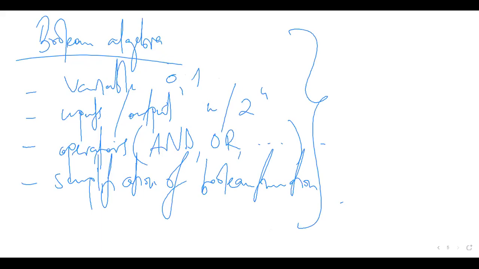Right. We move on to some of the rules which are used in Boolean algebra. We have rules and laws for Boolean algebra. We have what we call the commutative law. These laws will help you when you are simplifying a circuit. You need to understand them.